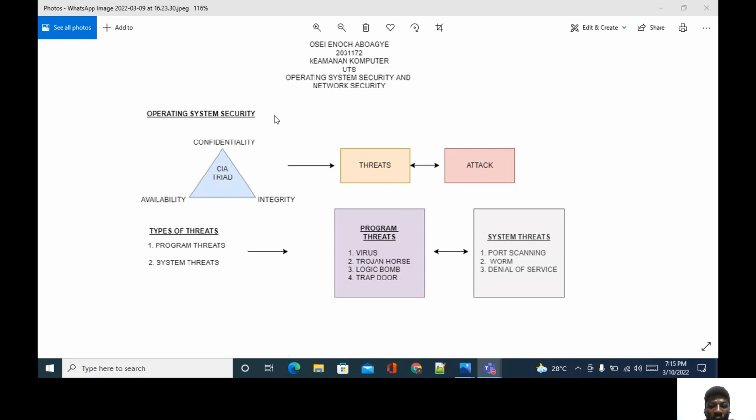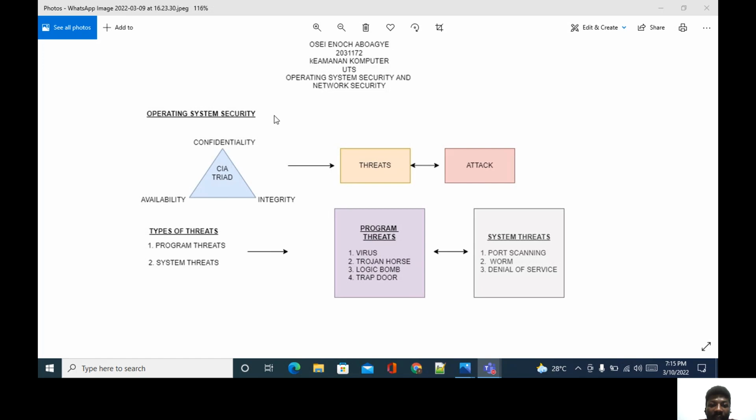objects should only be available to a small group of people who are authorized and have the permission to use. The system should not be available to everyone.